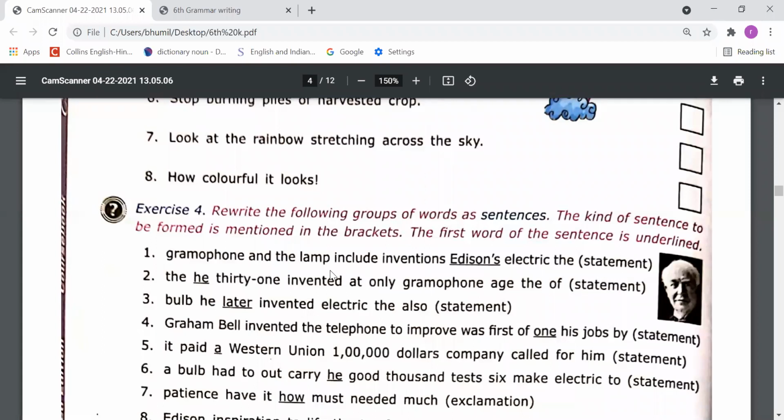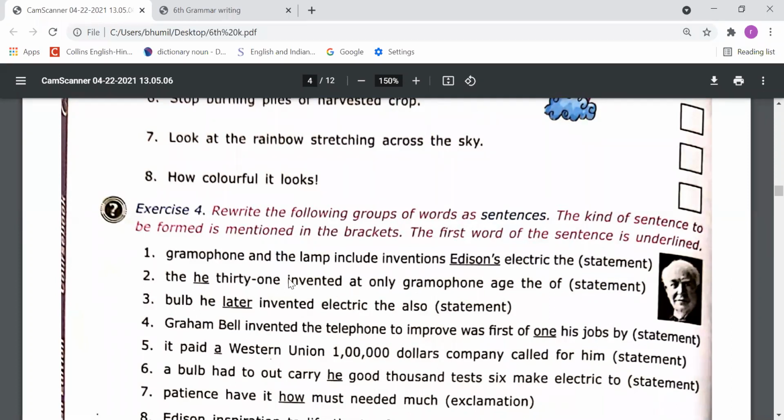"Gramophone and the lamp include invention Edison's electric" (statement). So these words we have to use to make a statement. And the word "Edison's" is the word we need to start the sentence from. So we can write this sentence: "Edison's inventions include the gramophone and the electric lamp," right?